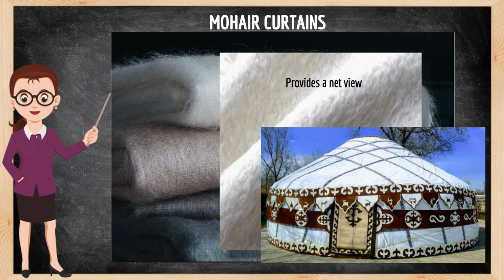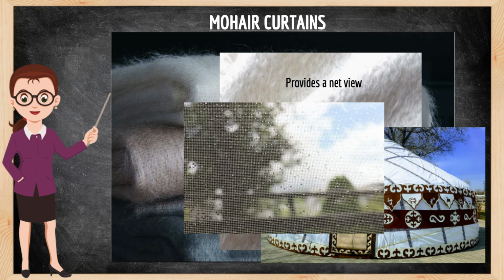The mohair also provides a net view from which the outside can be seen more or less, so a person passing through the encampment area can be easily seen and recognized. But from outside, it is impossible to see inside the tent.